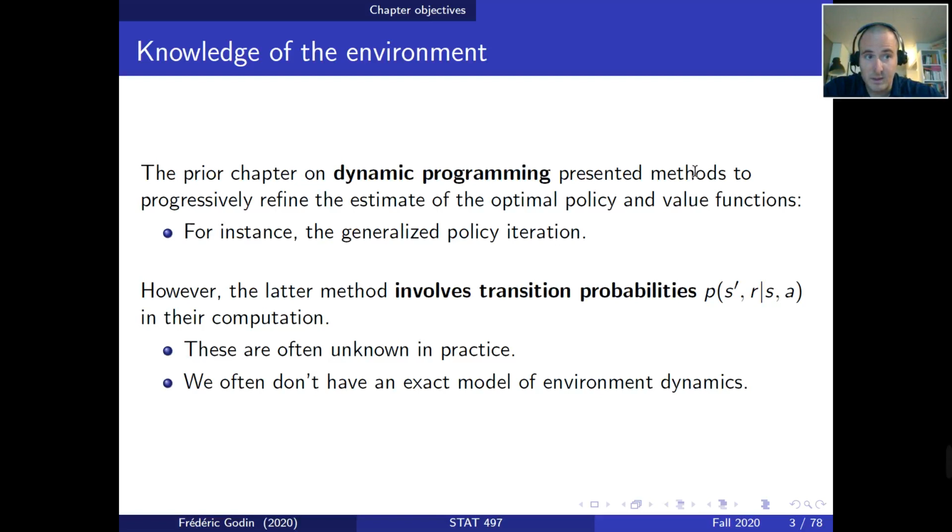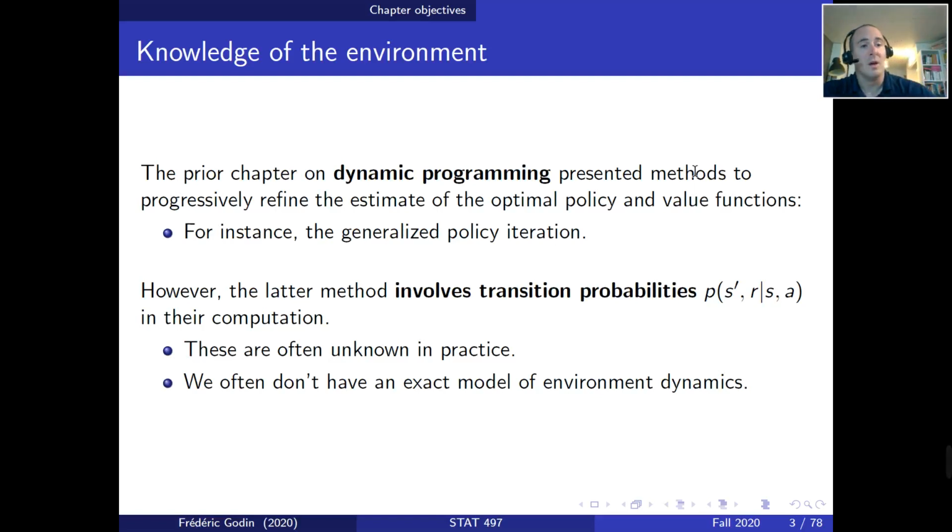We saw a framework in the previous chapter where instead of calculating directly the optimal value function and policy, we started with any policy or any estimate of the value function, and we refined them progressively through a scheme called generalized policy iteration.